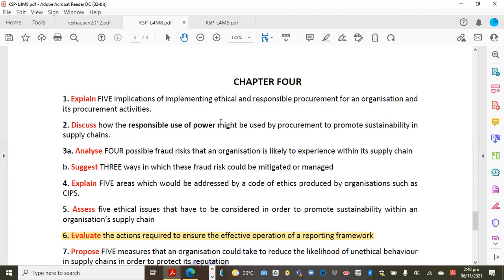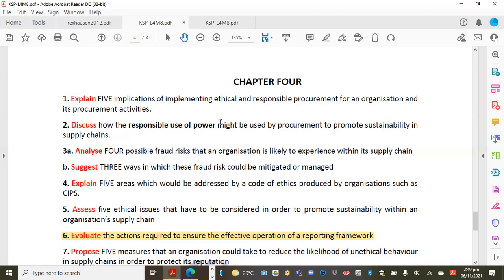When implementing ethical and responsible procurement, we may want to ensure that we pre-qualify our suppliers and assess their performance in these areas using pre-qualification questionnaires. Are they members of ETI? Do they have environmental management standards or systems?